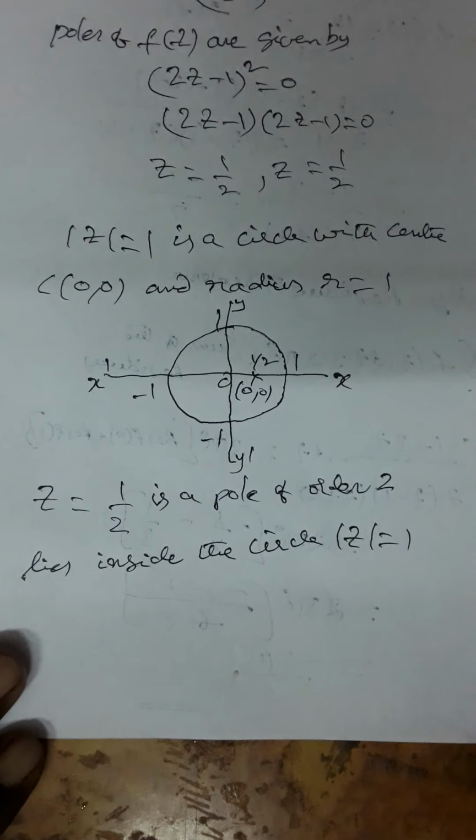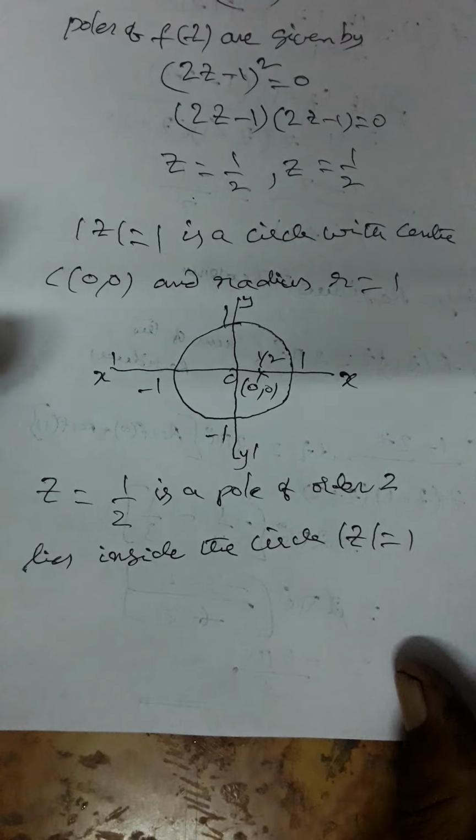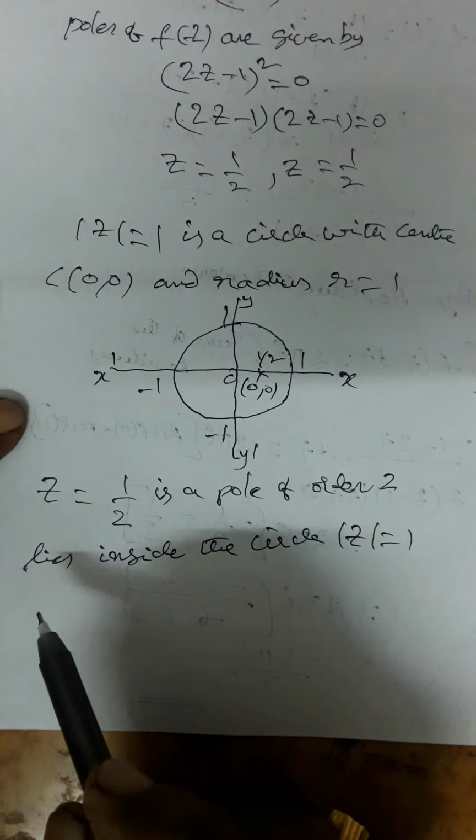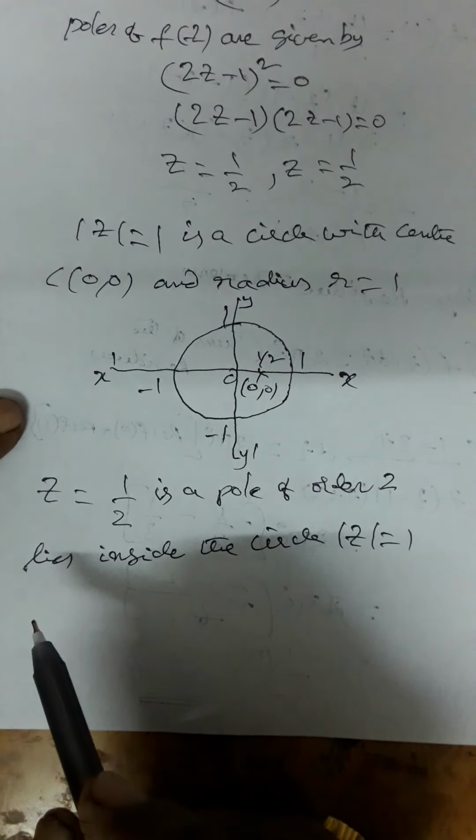Now use result 2, since the pole has a higher power than 1.